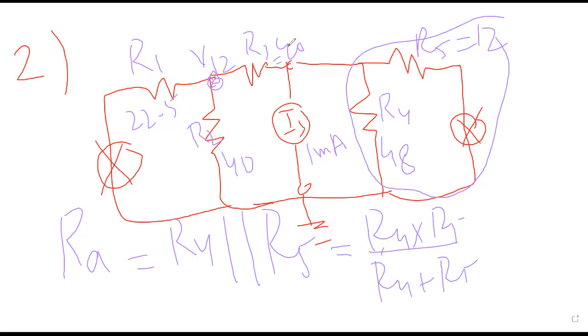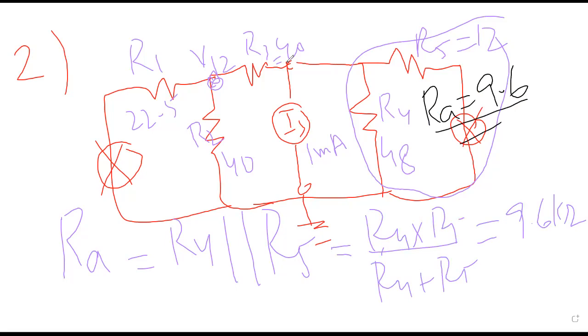The value I found previously is 9.6 kilo ohm. So RA equals 9.6.